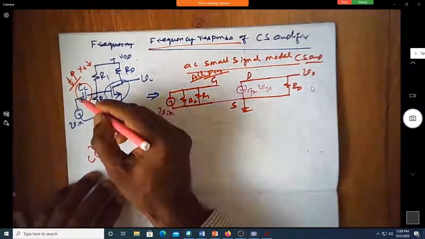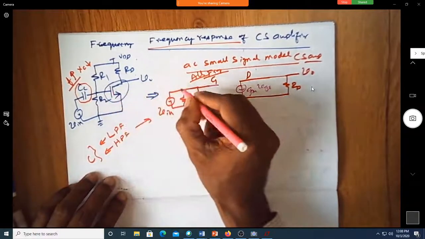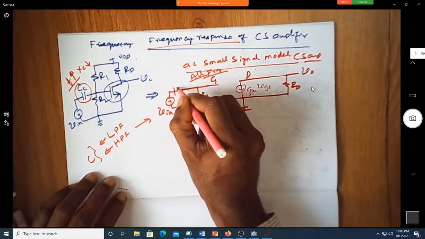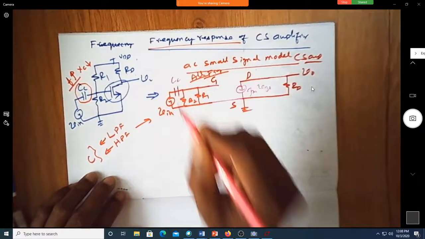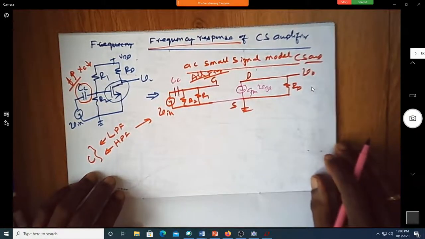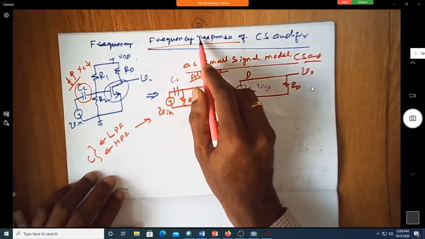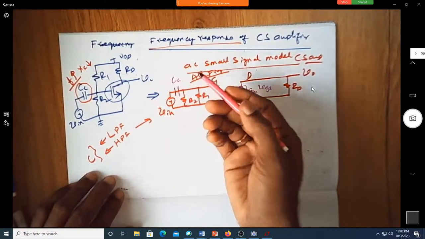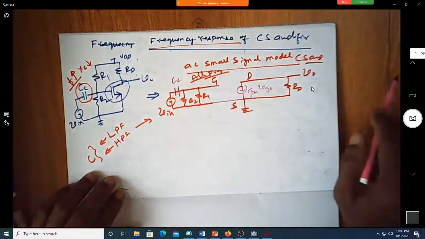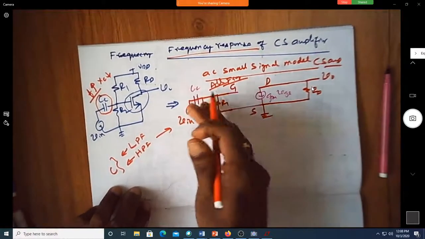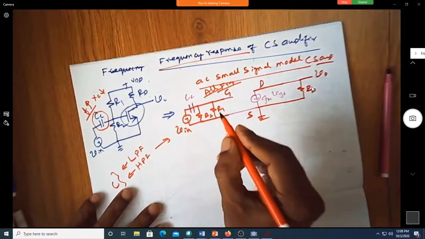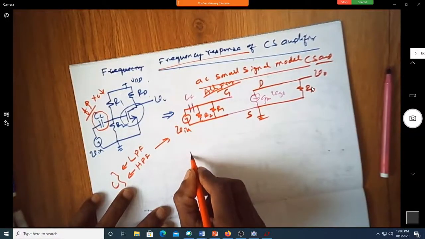So I will not short this; I will retain it as it is. I will write it as Cc. Earlier I was shorting it, but for this frequency response I will not short it, because it will have some impact at low frequencies. We will rewrite this small signal model for lower frequencies like this.